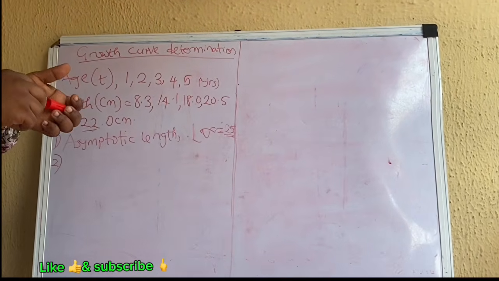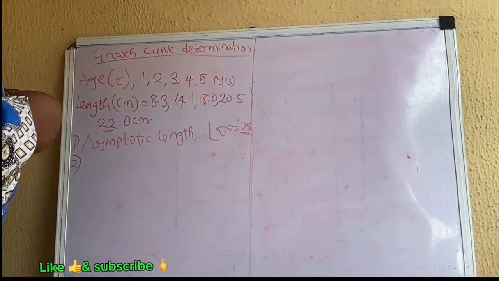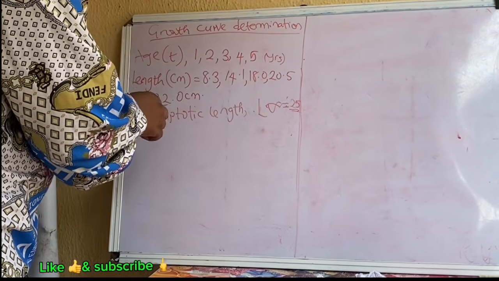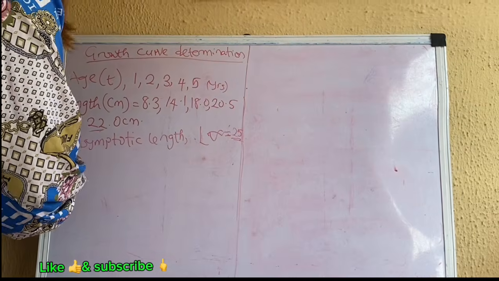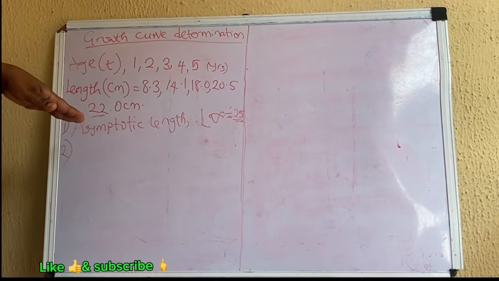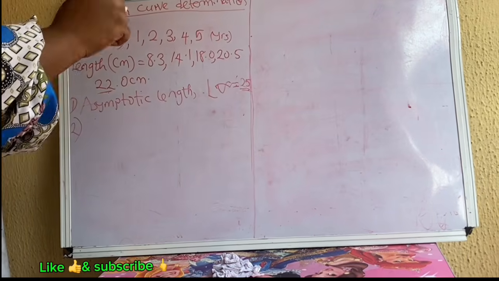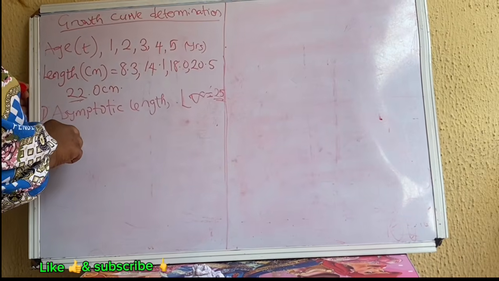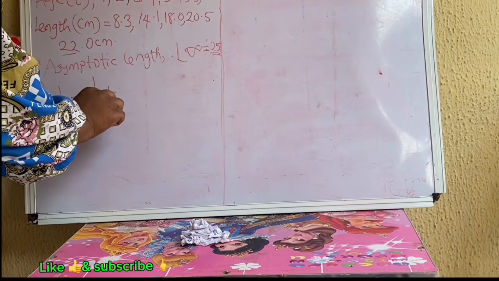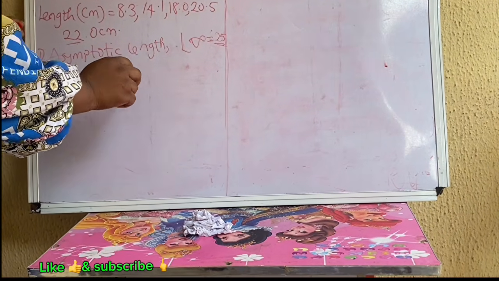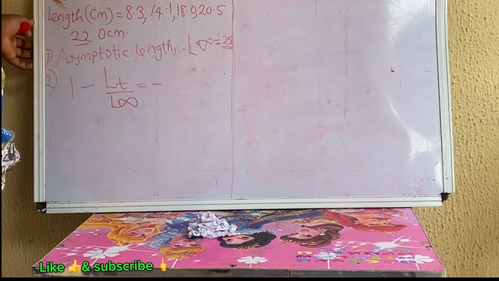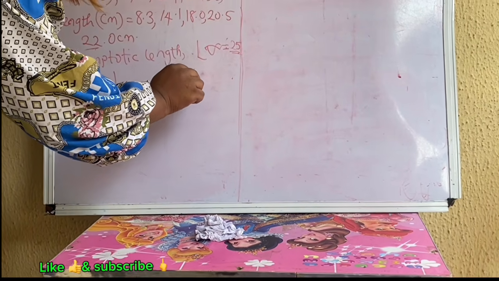For you to linearize the growth equation, from the formula of Von Bertalanffy 2, we are going to linearize the equation. From the formula of Von Bertalanffy 1, ln of Lt over L asymptotic equals minus Kt.